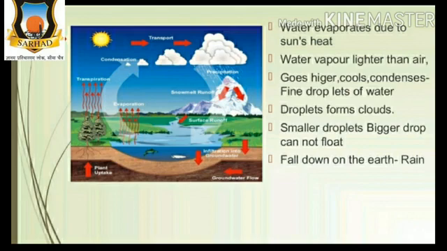Means clouds are water droplets. Because they are lighter, they float in the atmosphere.